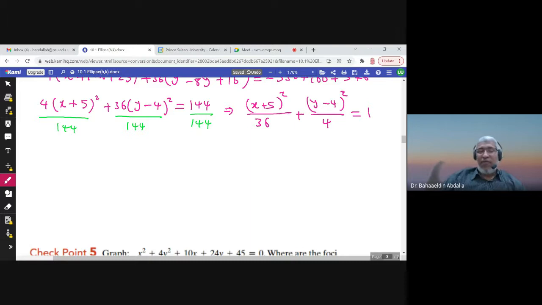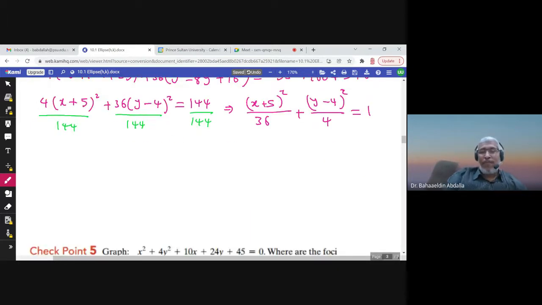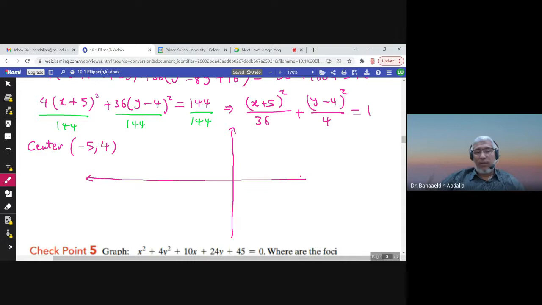And now to graph this equation, I need the center. The center is (x minus h), so h is -5, (y minus k), so k is 4. I need to plot the center: 1, 2, 3, 4, 5, 1, 2, 3, 4.